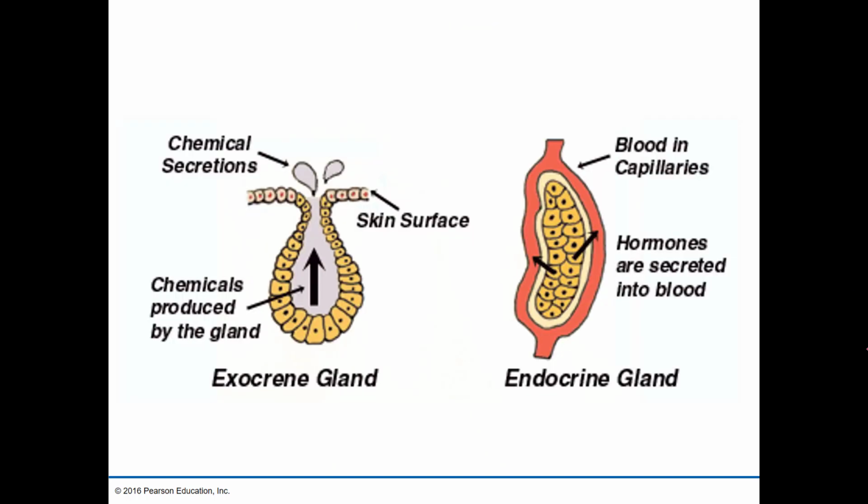So if we blow that image up, with an endocrine gland, the hormones are secreted into the blood and it's contained inside something. Whereas with an exocrine gland, and this is spelled in the United Kingdom version, the chemicals are produced by the gland and released directly onto the skin surface or onto an organ or something like that.